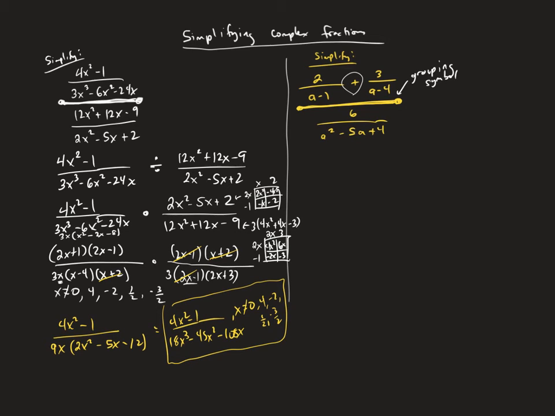Since it's a grouping symbol, it's at the P level of PEMDAS. It needs to happen first. So I'm going to add those fractions together first. So I need a common denominator. A minus 1 can't be factored. A minus 4 can't be factored. So the common denominator there is going to be a minus 1 times a minus 4.